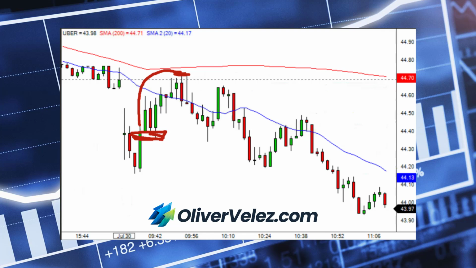So there are two scenarios here. There's one like this. That's your igniting bar. It's the first one. All right. So it's not here, but here.